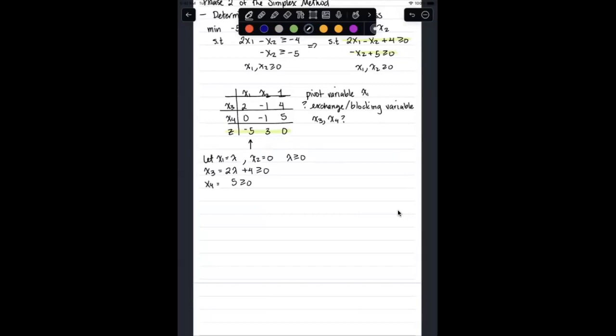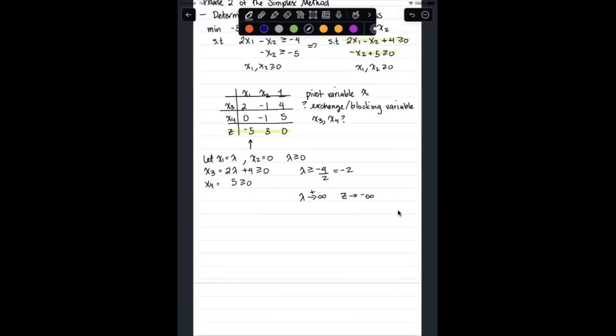So if we take a look at x3, it doesn't seem like lambda will give us an upper bound, because lambda is greater than or equal to negative 2, but we already knew that. So therefore, we don't have a constraint on lambda. So lambda can actually increase to positive infinity, which means our objective function will go to negative infinity, which is not very helpful, and this is exactly the definition of unboundedness.